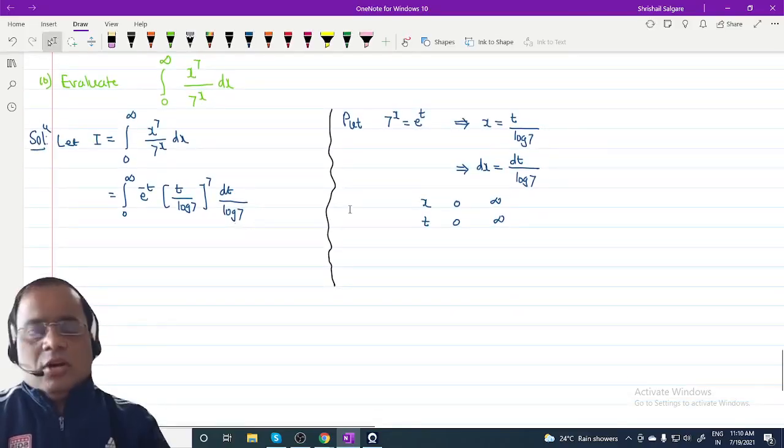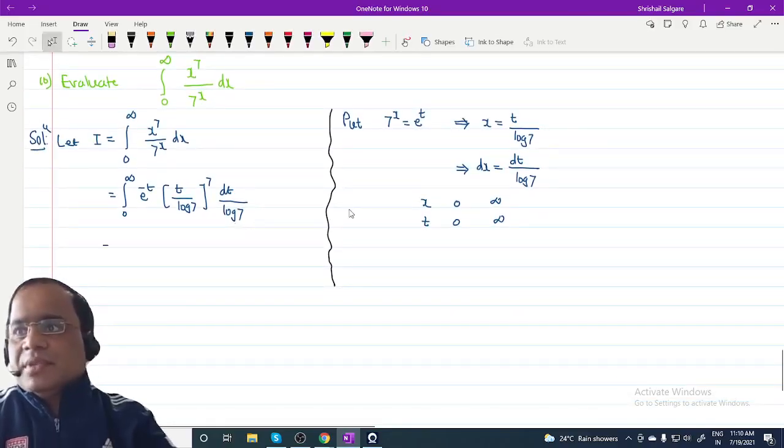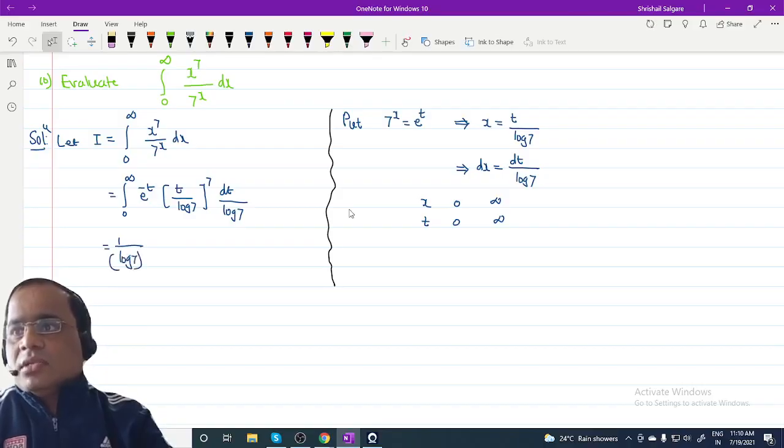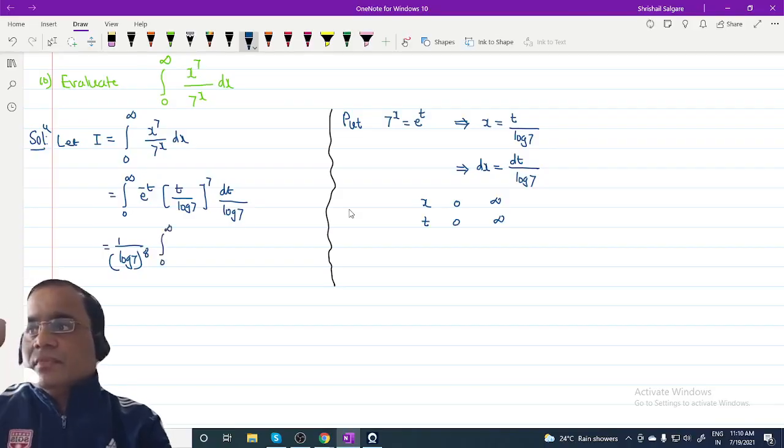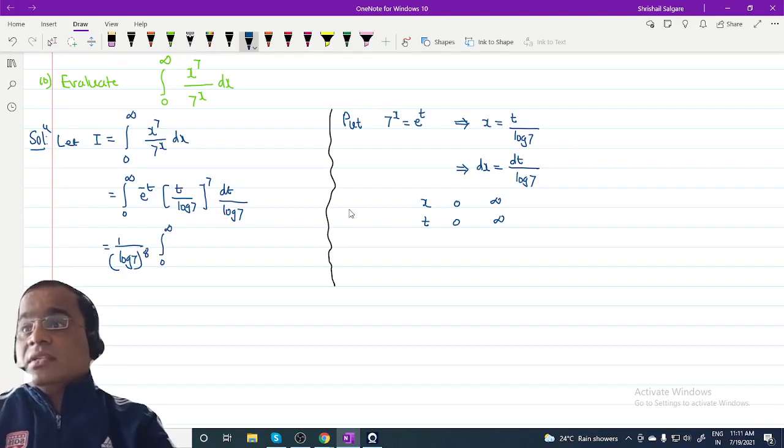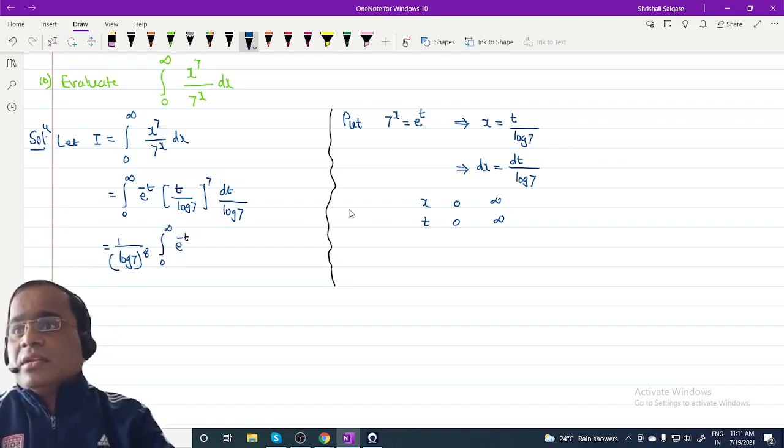So the log 7 term I will take outside. It becomes 1 upon log 7 raised to 7 plus 1, integral 0 to infinity e raised to minus t, t raised to 7 dt. So it can be written as plus 1 minus 1.